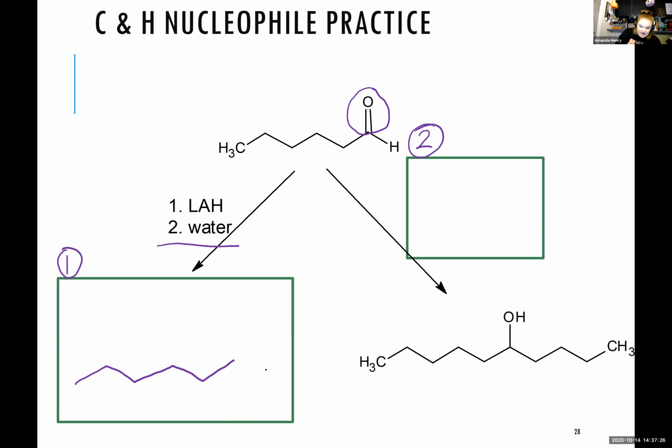I still have that aldehyde hydrogen attached. We've added a new hydrogen, and then our carbonyl becomes an alcohol. Now, I know that I did not need to draw both of those hydrogens on there, but sometimes it's helpful to see where everybody came from. So there's our original hydrogen. There's our lithium aluminum hydride hydrogen.